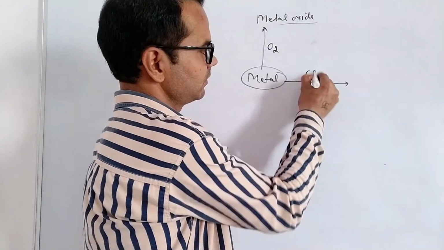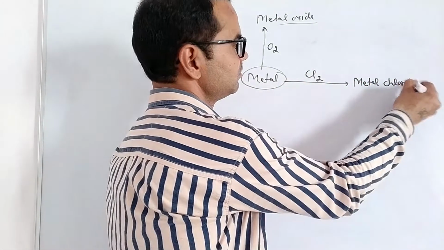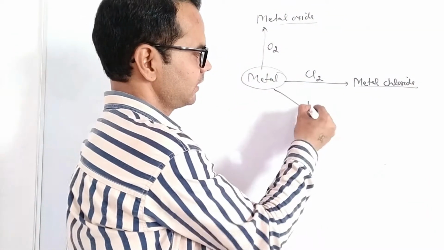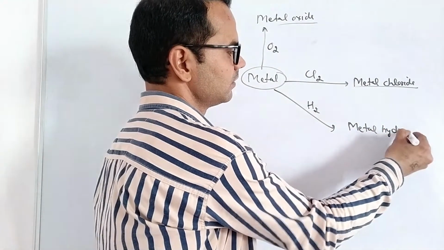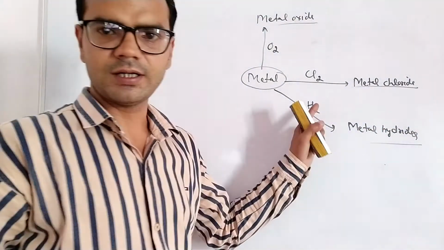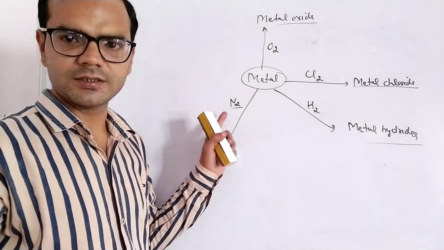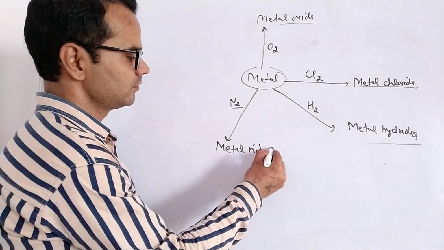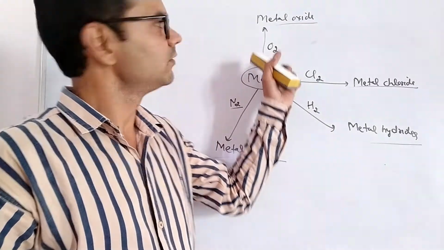Metals react with chlorine to give metal chlorides. Metals react with hydrogen to give metal hydrides. Metals react with nitrogen to give metal nitride. Right?